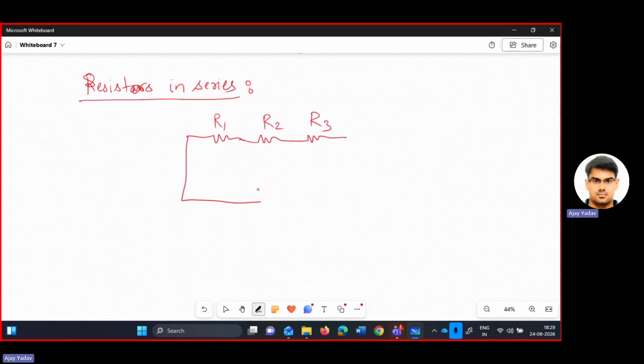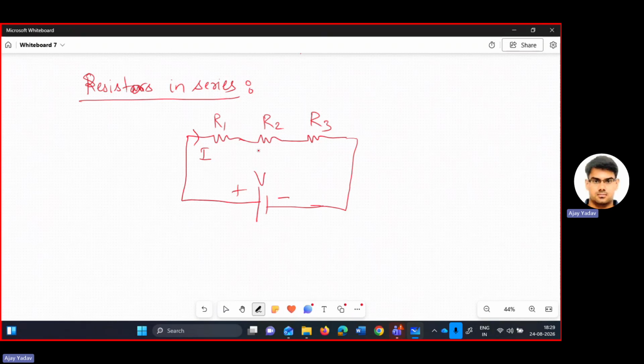You have connected a voltage source of V volts in this circuit. I is the current which is flowing. You can say that resistors are in series when the same current is flowing in the circuit. So in this case, the same current is flowing, so these resistors are in series.